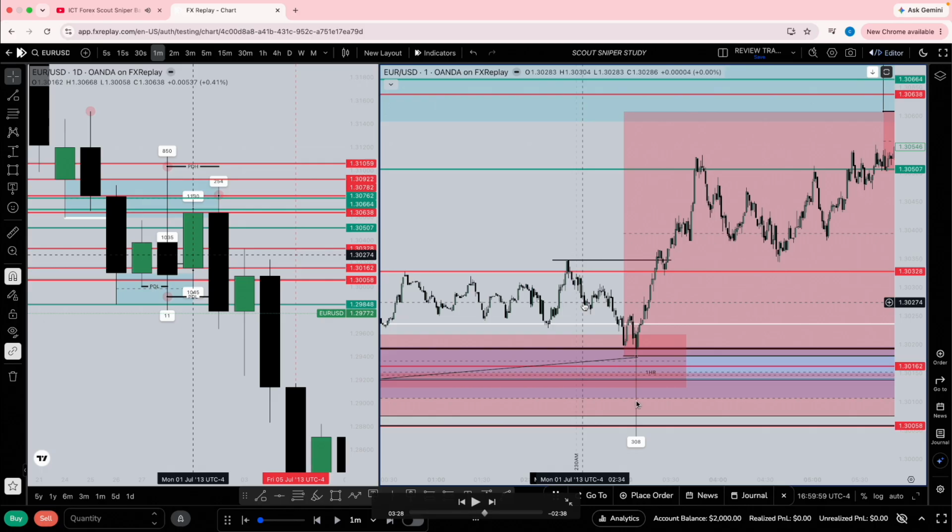And here is this 3 in London, and I'm looking at what happened before. So this is Asia. You can see Asia consolidated as it came into London. The manipulation was down here to 308, right? And then you can see price started going upwards.